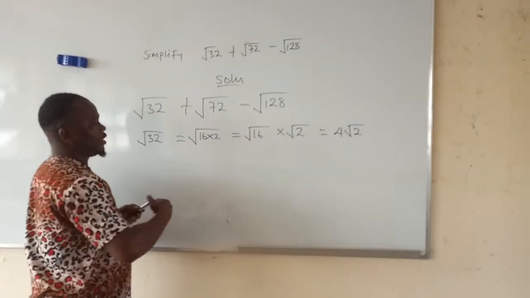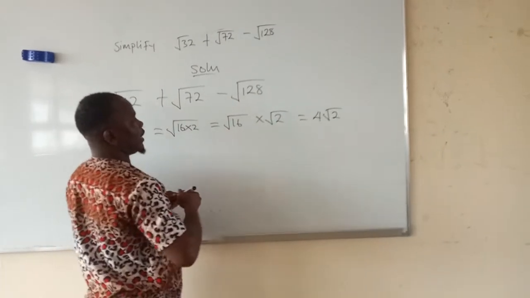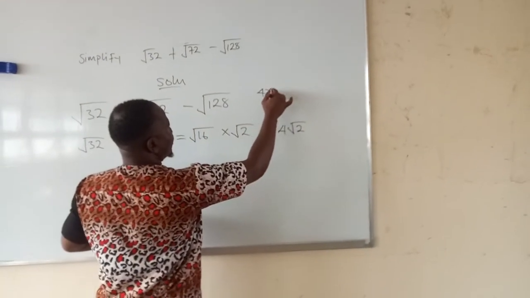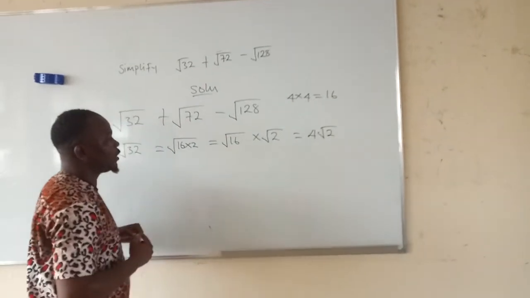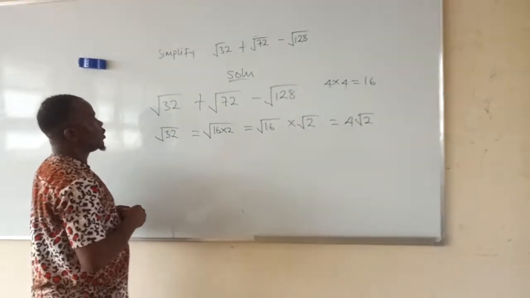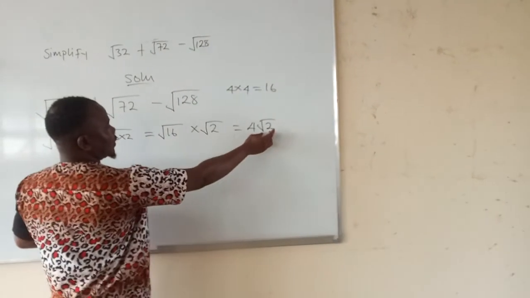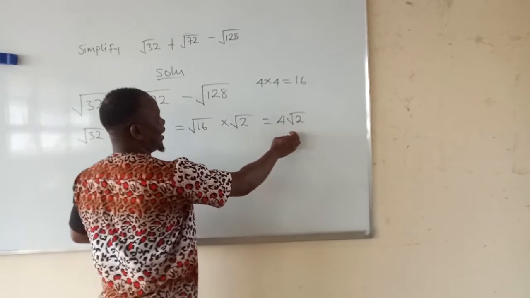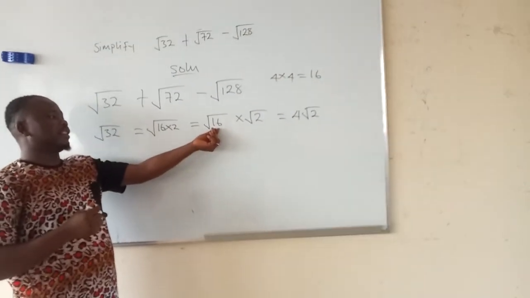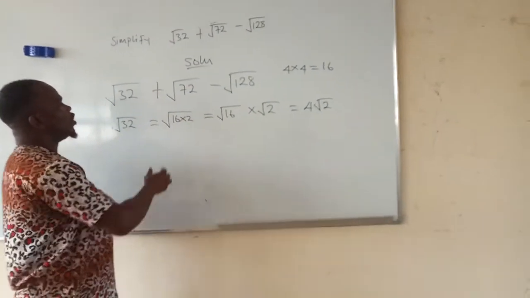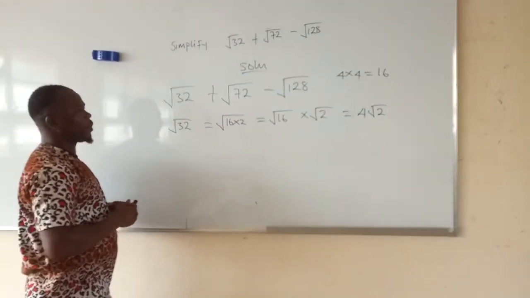It implies that square root of 16, 4 times 4 will give you 16. Okay? So you discover that square root of 2 is the irrational number, while this is the rational number. The same thing is applicable here.